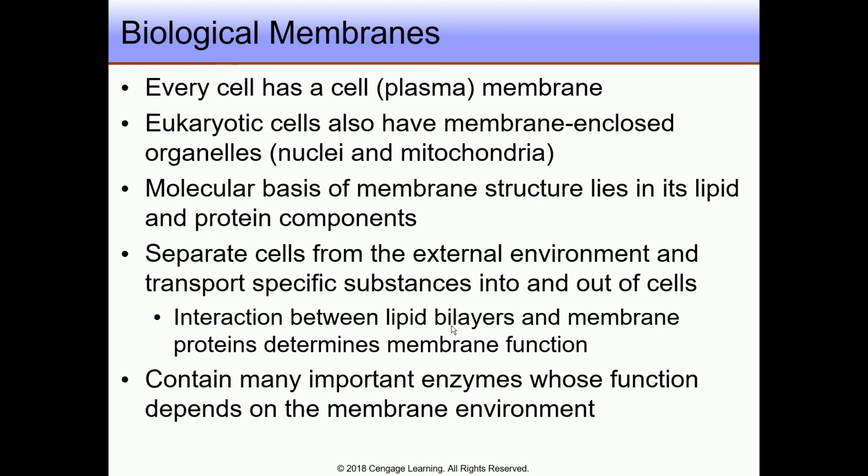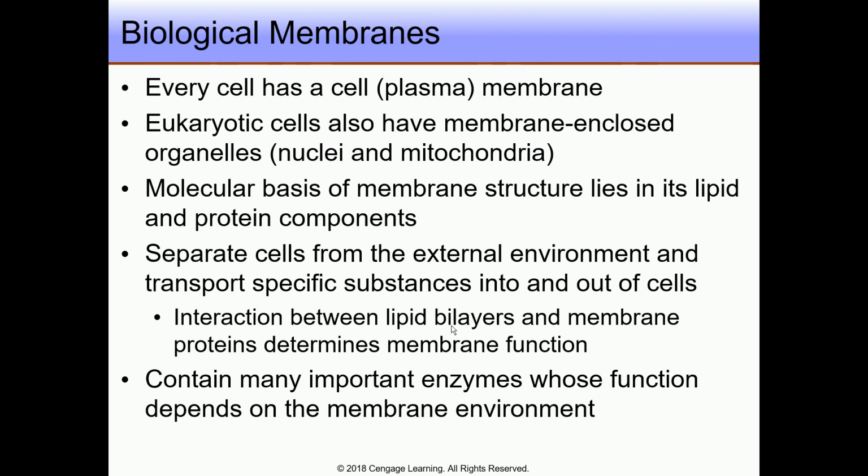There are also various organelles inside the cells, and they are also enclosed by these membranes. So what is the basic structure of a membrane? These membranes have lipids in them, and they also have proteins in them. These proteins and lipids are all connected to each other by non-covalent bonds.